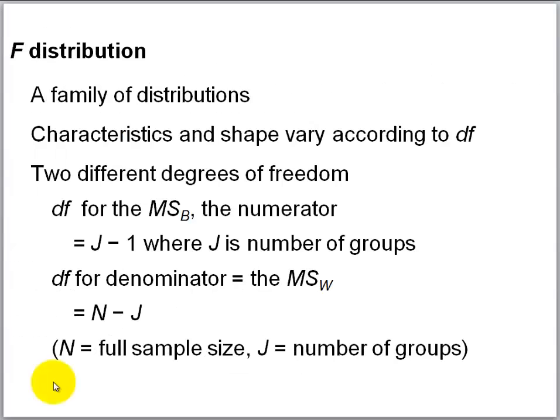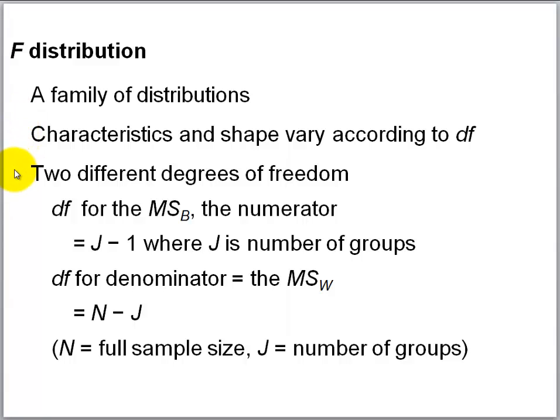Well, as mentioned, ANOVA is based on the F distribution. Just as are the chi-square distribution and the t distribution, the F distribution is a family of distributions. So the characteristics and shape of different F distributions vary according to degrees of freedom.